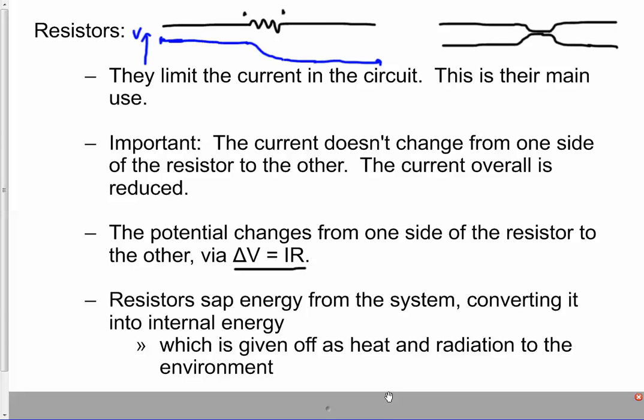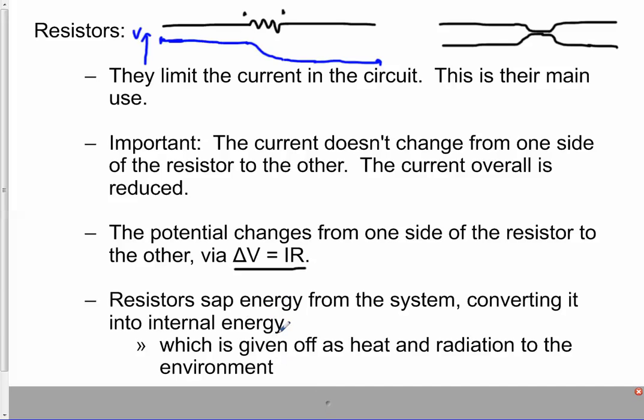It'll turn the electric energy in the circuit and transmit it out as heat and radiation to the environment. It'll heat up the air around it. It'll radiate. It won't get so hot that it will glow, so it won't be visible radiation, but it will radiate some non-visible radiation into the environment.